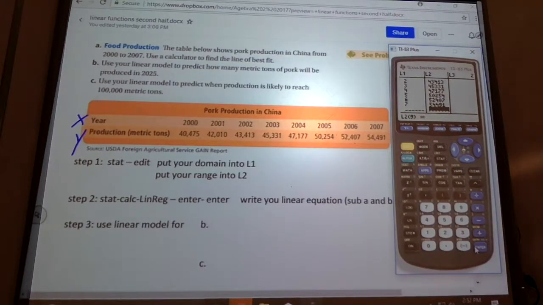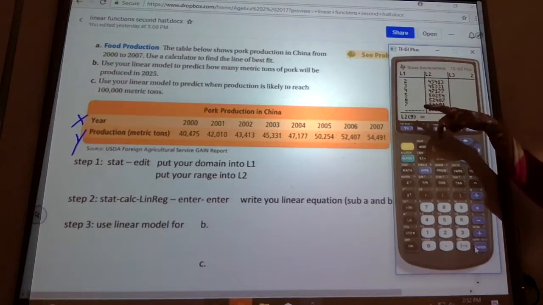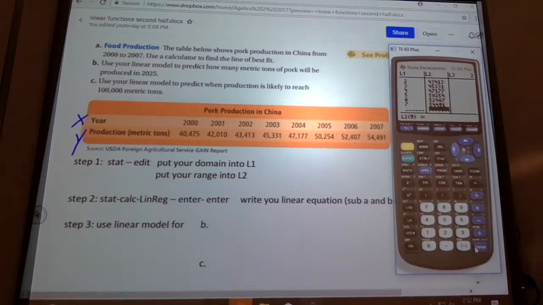Everyone got them? Nope. You don't have to put a comma. You could have put the years if you wanted, 2000, 2001. That's okay. It's just your linear equation is going to be different than mine. Everyone got it?